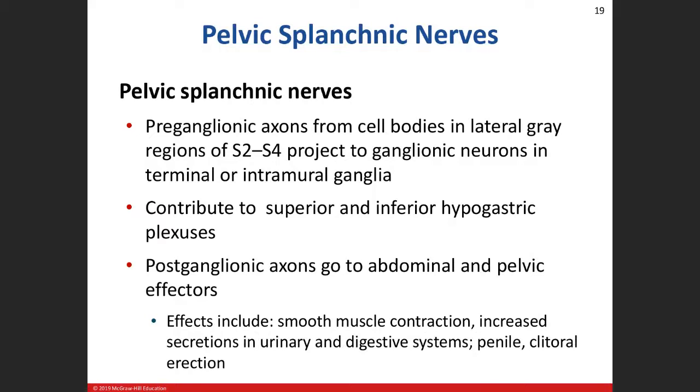All right, so when we're talking about the sacral division, we're going to speak about the pelvic splanchnic nerves. The pelvic splanchnic nerves get their spinal cord innervation from spinal nerves S2 through S4. And so these pelvic splanchnic nerves are going to transmit these neurons to the terminal, which are the close by ganglia, and the intramural, which are the inside ganglia.